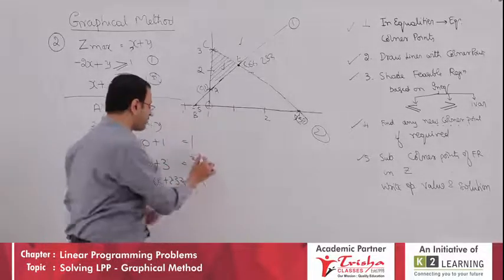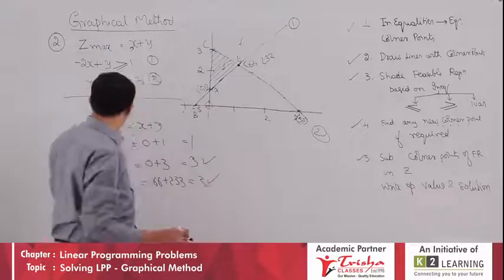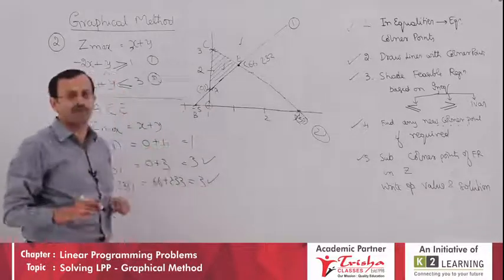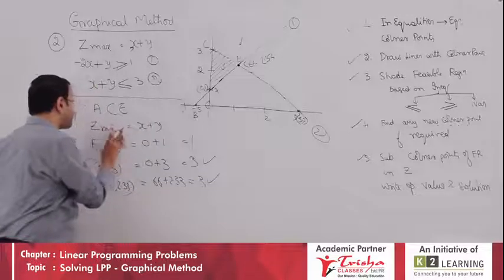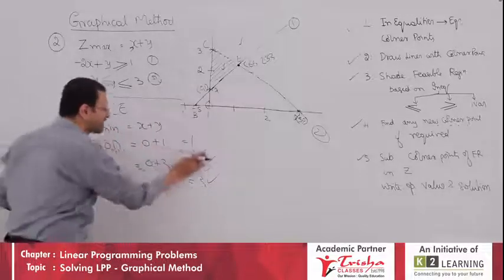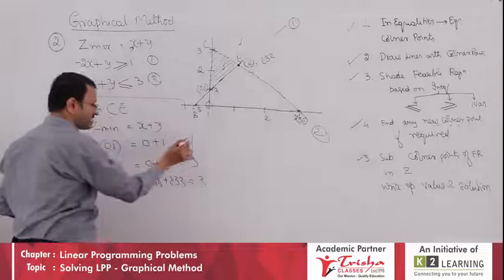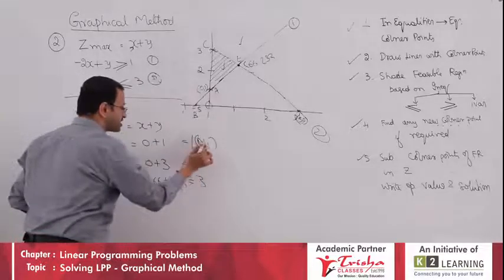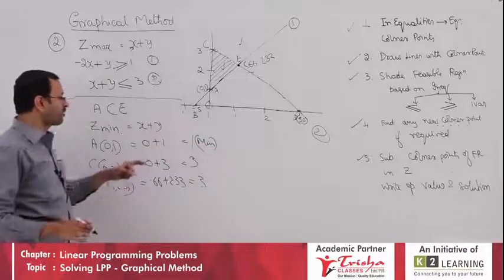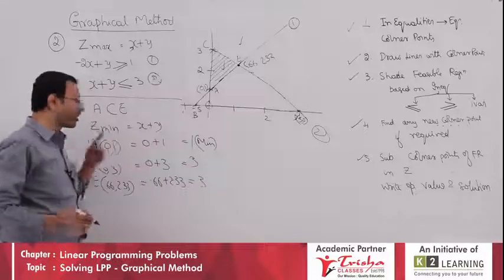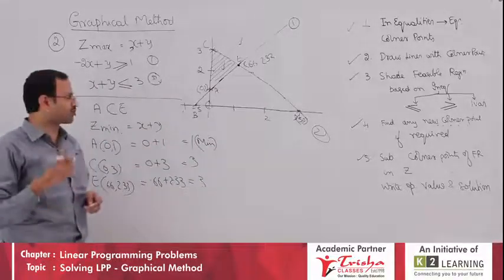Here we are getting both as maximum, and both will give the optimum solution. If it is Z minimum, which I took in the previous one, there are two answers, three answers. Minimum is this, and you have to conclude the optimum value lies at 0, 1. Like that we need to conclude.